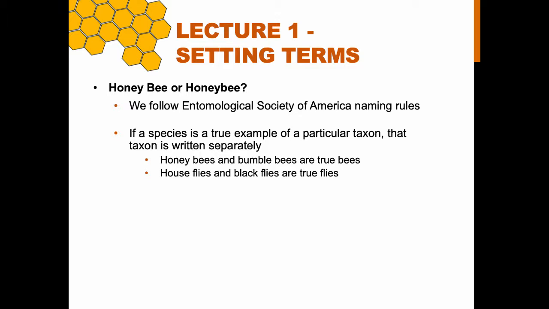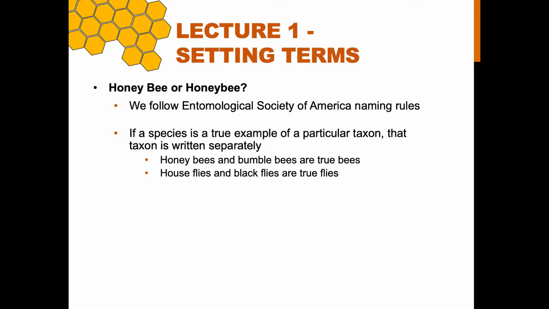I'm like, no, I'm not. Because in this course, as with all courses here, we follow the Entomological Society of America naming rules for insects. And so, according to the ESA guidelines, when you are talking about an insect, if that species is a true example of that particular taxon, the taxon is written separately. So what does that mean?